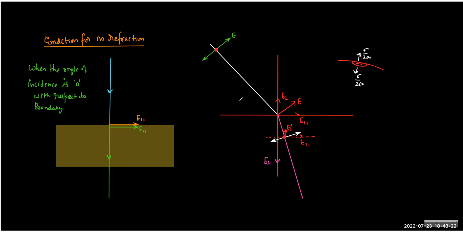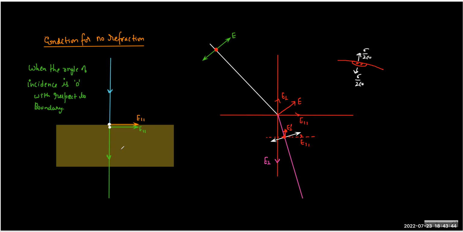And now you also understand why it was not happening in the previous case. Is it possible now in this case? In this case, the field itself is parallel to the boundary, so it doesn't have the component, right? Can we have the perpendicular component here? No, sir.